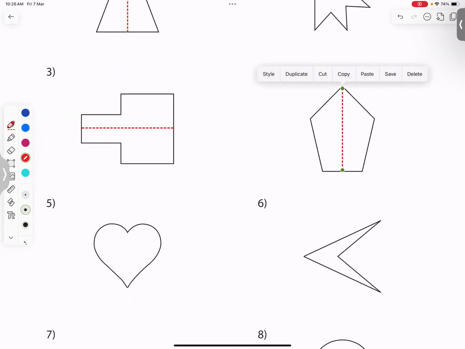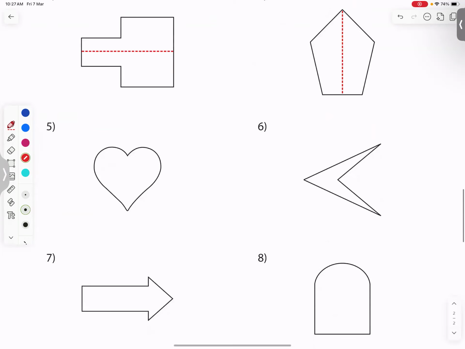Now the next, this one has one line of symmetry like this. You can see that there is no other line. If you draw this line, these are not equal parts. But this one, because these are two equal parts, is a line of symmetry. And this one can be divided here, so it's a line of symmetry.